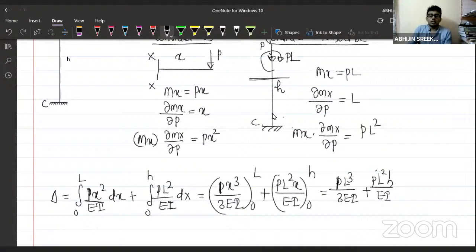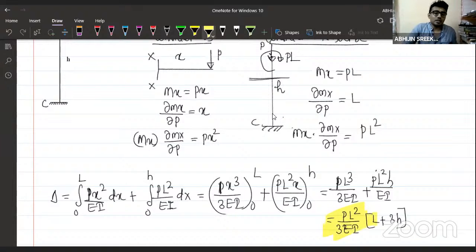This is how it goes. And if I want, we can take PL square by EI outside. You can just confirm it. PL square divided by EI, taking it outside, L by 3 plus H, that is L plus 3H divided by 3. Yeah, of course. So this will be the answer. This will be the vertical displacement at point A.